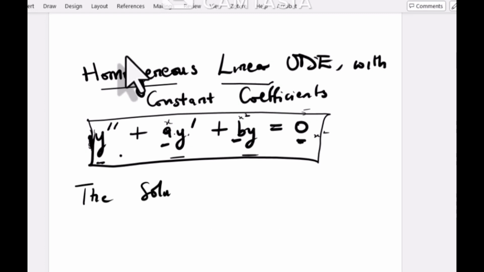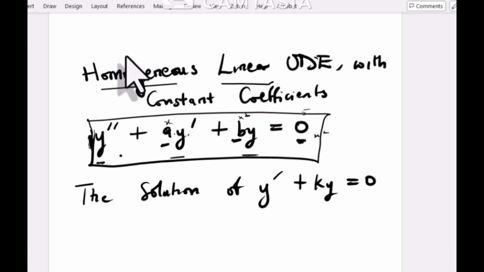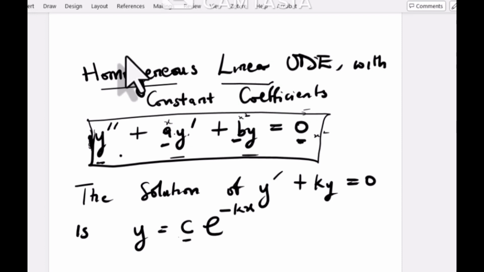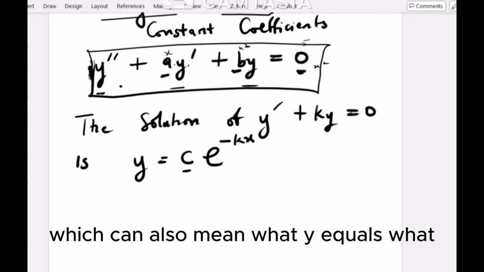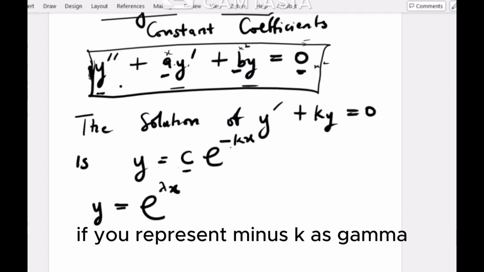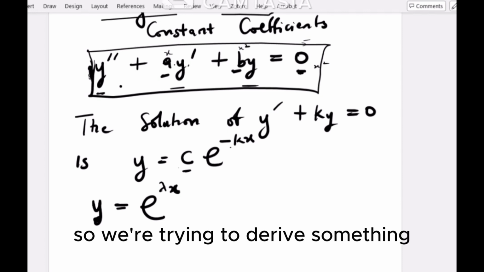The solution of y' + ky = 0 is y = c e^(-kx), which can also mean y = e^(gamma x), if you represent minus k as gamma. Don't let us work with c yet. We're trying to derive something.